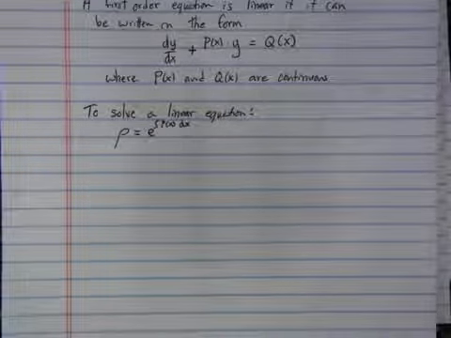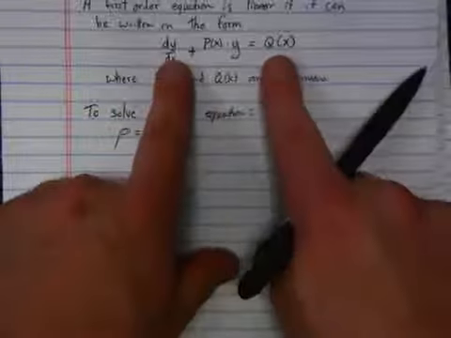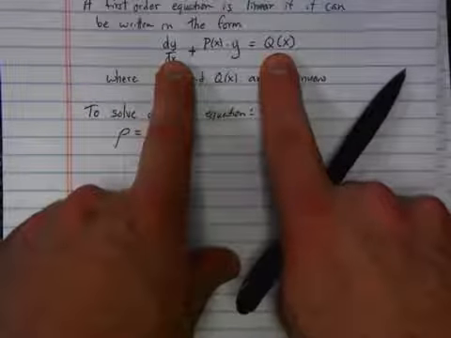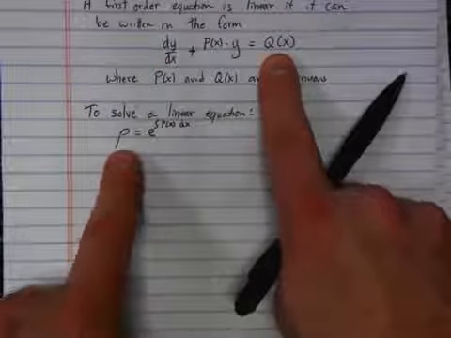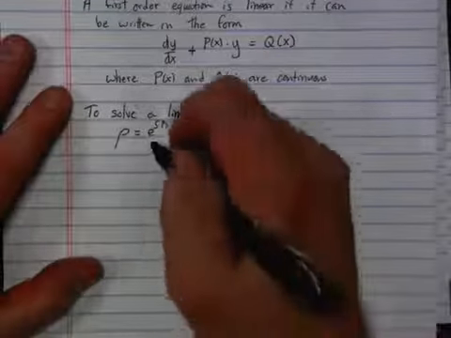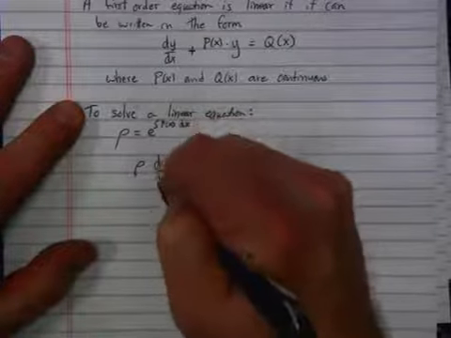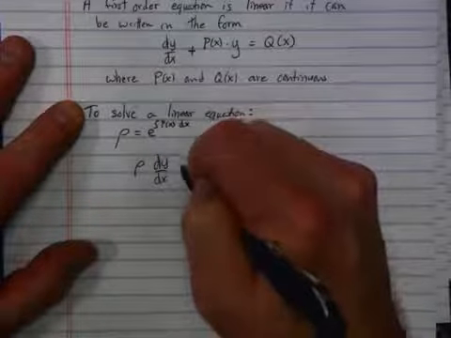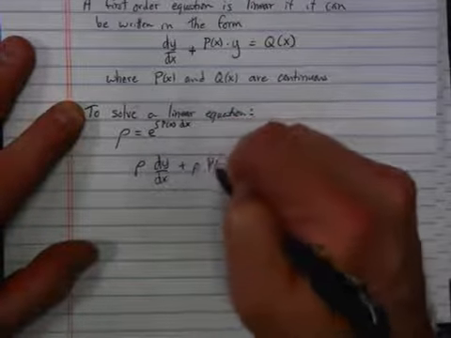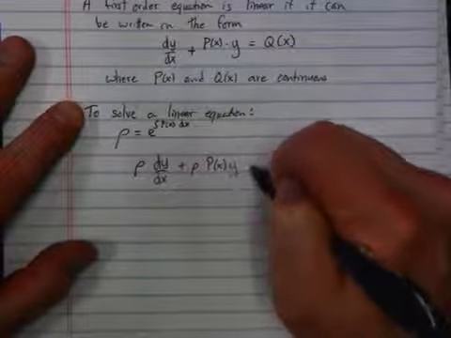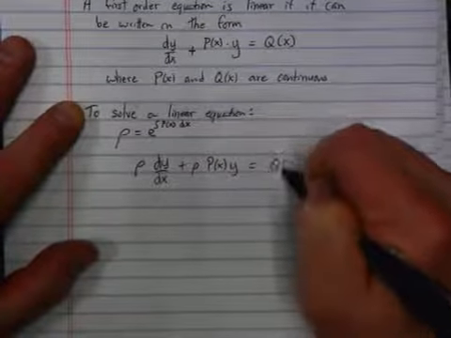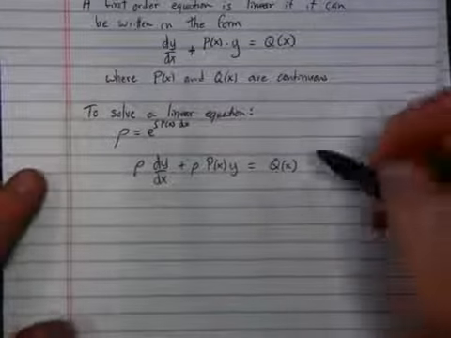And then you're going to take your original differential equation, and you're going to multiply everything by this new thing, rho. So you're going to have rho times dy/dx plus rho times p of x y equals q of x times rho.